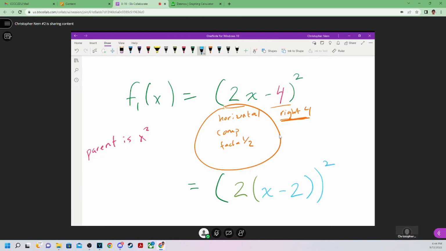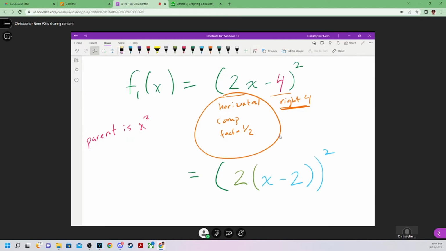This is actually what your equation is supposed to look like. However, of course, we don't write it that way. But when you're doing transformations, this is what's happening. It's whatever is multiplying the entire term inside your function. So this is the reason why we move right 2 instead of right 4. This is only going to happen with horizontal compression and horizontal stretch. So be very careful with that.